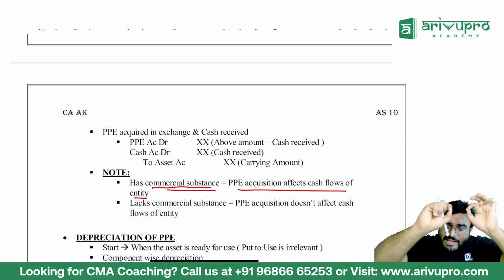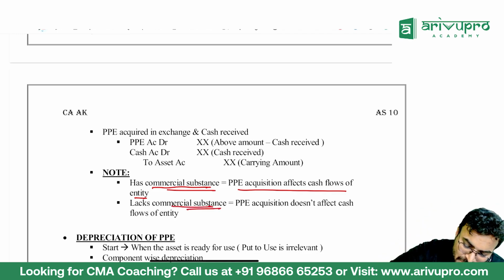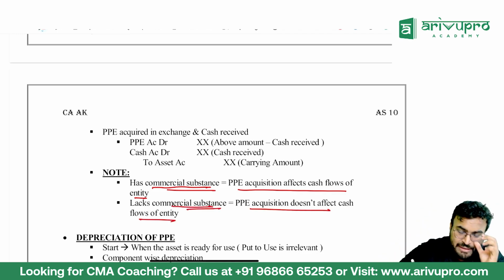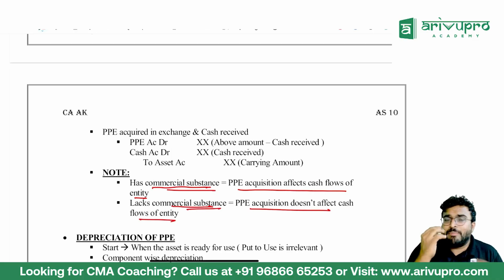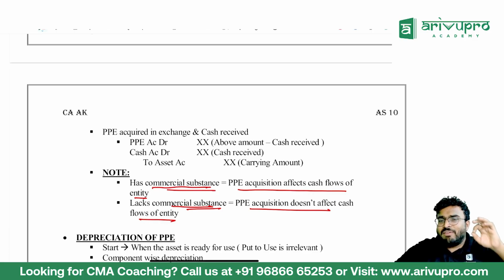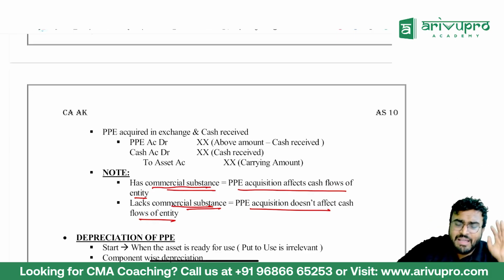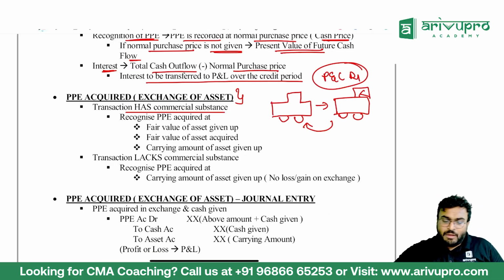It is affecting the cash flow. Lacks commercial substance means PPE acquisition doesn't affect the cash flow of the entity. By getting the new asset after exchanging, it is giving me the same benefit as before. This is called no commercial substance. If it gives me any extra benefit, it is considered as has commercial substance.